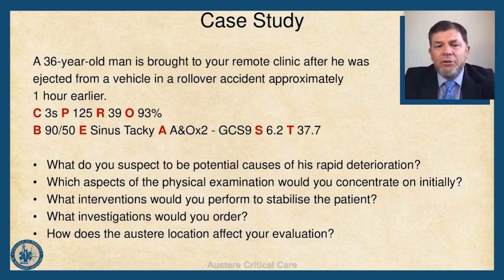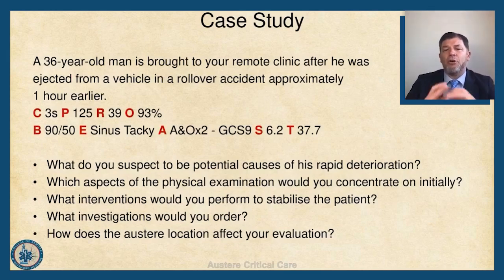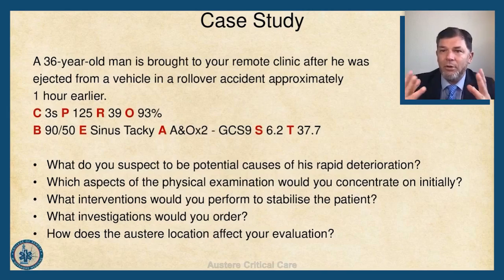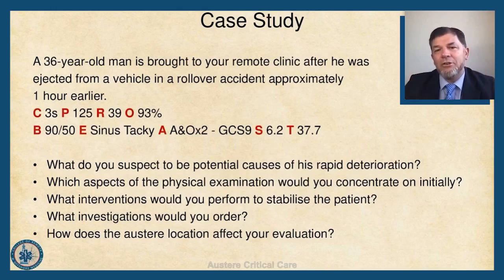And you've got to think about austere location and how it affects your evaluation. Working as a critical care paramedic on an ambulance is different. I have the same skills, but on an ambulance, I'm going to have more equipment available. So being in an austere environment means that it's going to affect my evaluation a bit.